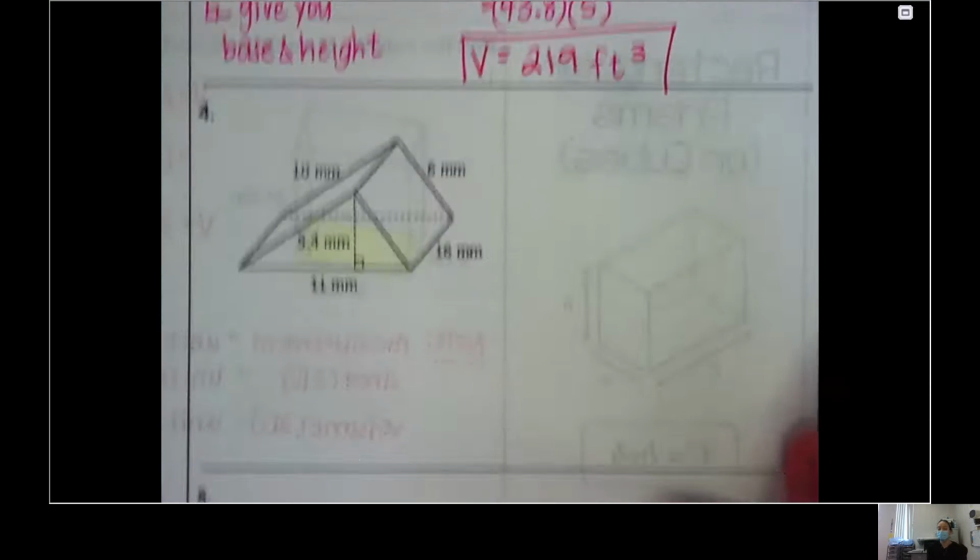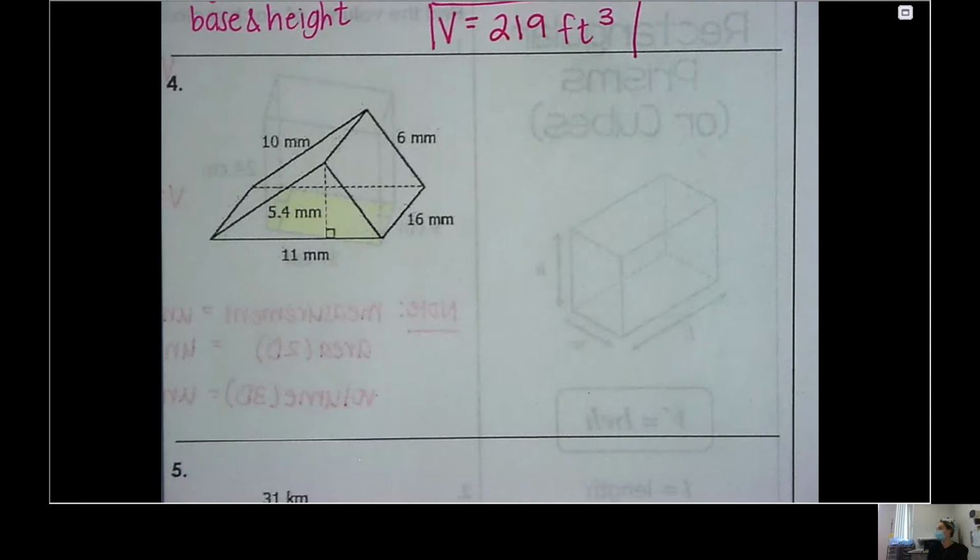Okay, number 4. What type of prism is this? What kind of prism is it? A rectangular, a cube, a triangular, hexagon, what is it? Not a trick question.